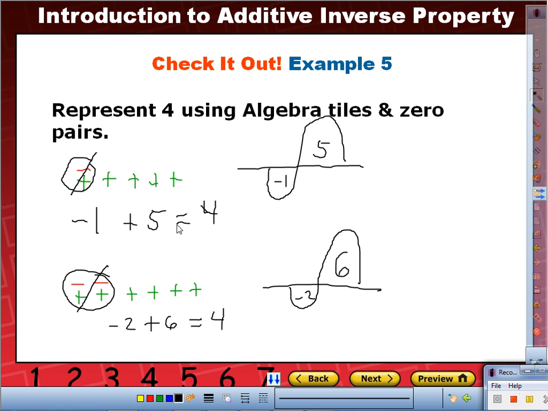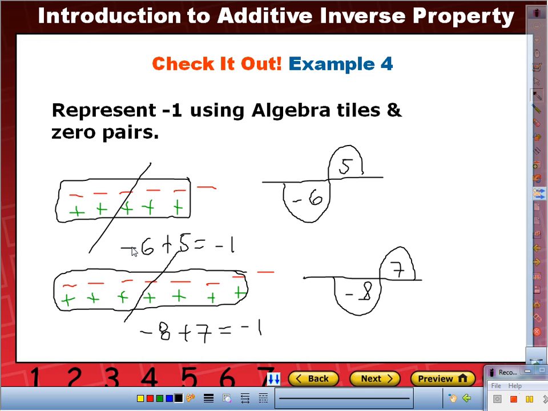Negative 1 plus 5 is 4. Negative 2 plus 6 is 4. Also on the previous one, check this out. Negative 8 plus 7, that's negative 1. We've been adding positive and negative numbers just using the additive inverse property. Ain't that cool? Pretty cool, right?